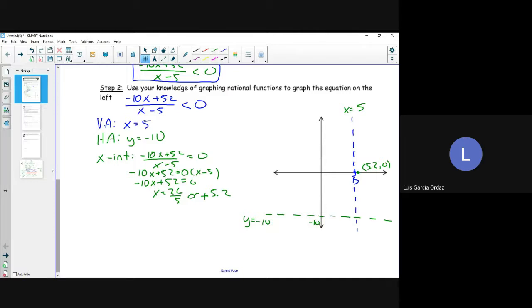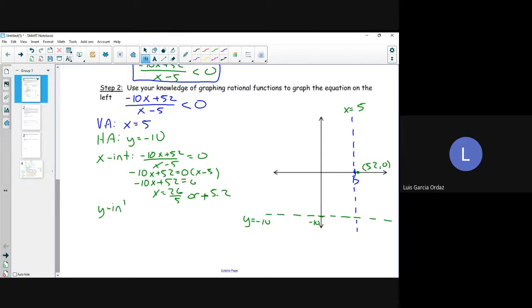Not the end behaviors, but the behaviors approaching what? Behaviors approaching the vertical asymptotes, okay? But yes, we can also find the y-intercept.